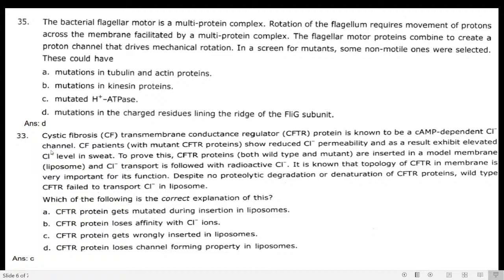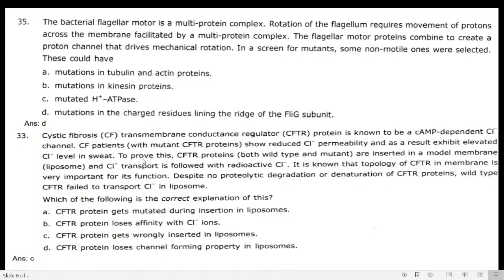Okay, the next question: the cystic fibrosis transmembrane conductance regulator protein is known as the cyclic AMP dependent Cl- channel. Cystic fibrosis patients with a mutation of this CFTR protein show reduced Cl- permeability. This results in elevated Cl- levels in sweat.